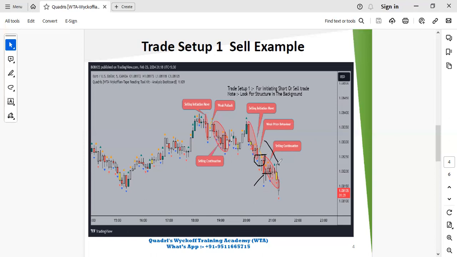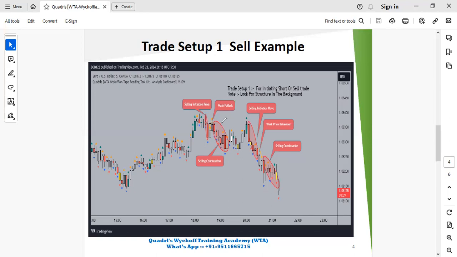But whenever this kind of situation occurs, if you're not getting any pullback, please listen to this carefully. If you are not getting any pullback, only weak price behavior, be very careful, because whenever you're initiating a sell trade, there is a probability that price might give you a pullback before continuing its downward journey. So if this second thing is happening with weak price behavior, please use your other indicators or other confirmation tools with this situation.